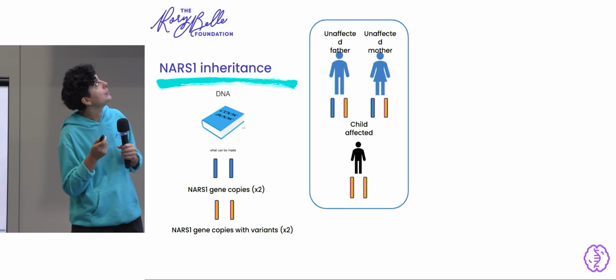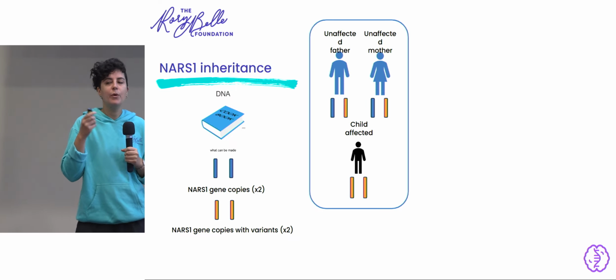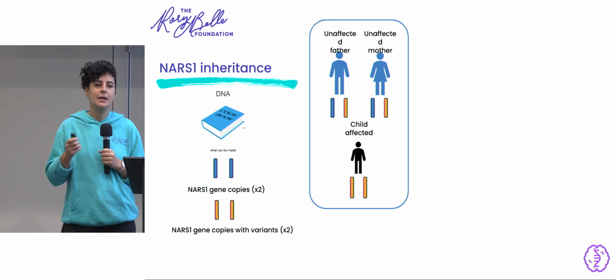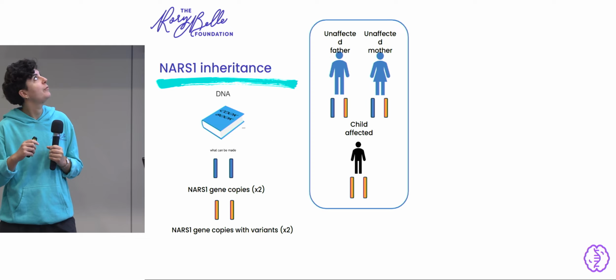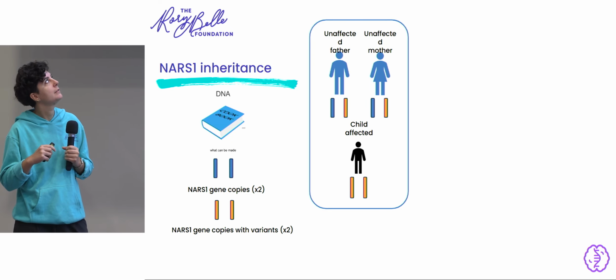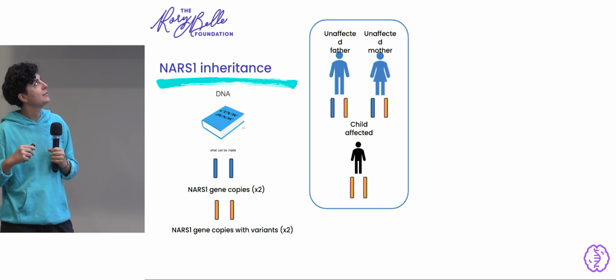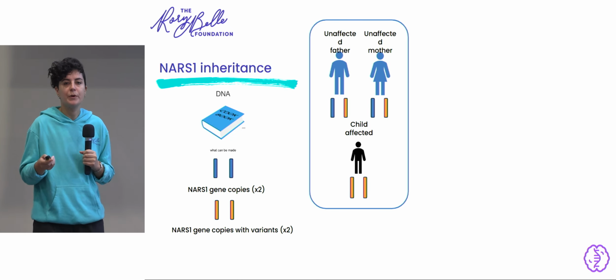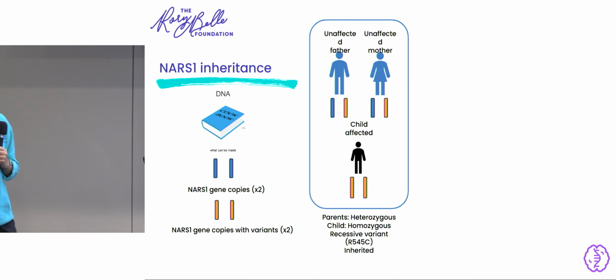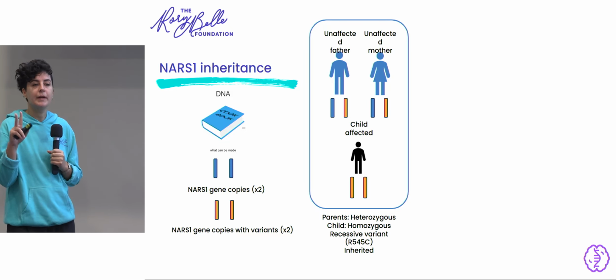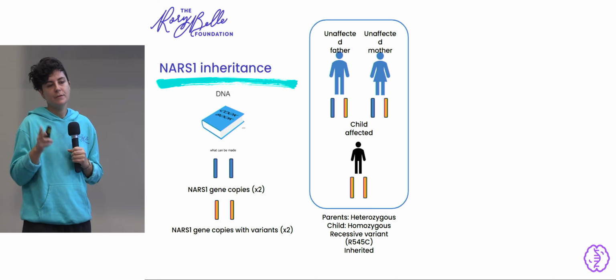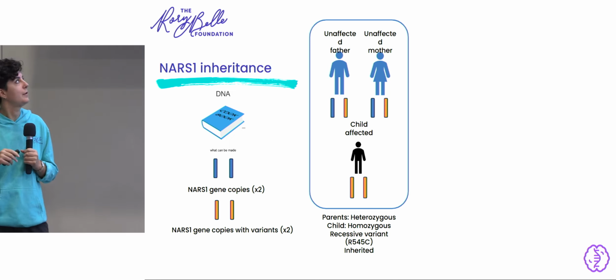First one, where both unaffected parents carry a variant here in orange that most of the time they're not aware of, and then pass on to their child those 2 variants, so the child is affected by NARS1 disorder. What we call that is, the parents are heterozygous, meaning they have 1 blue and 1 orange, so 2 different copies of NARS1.